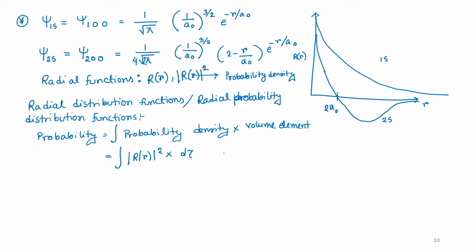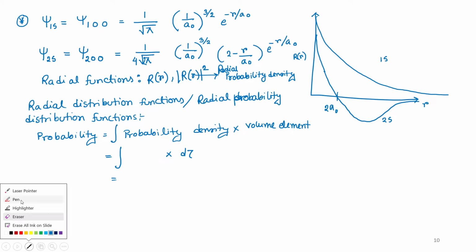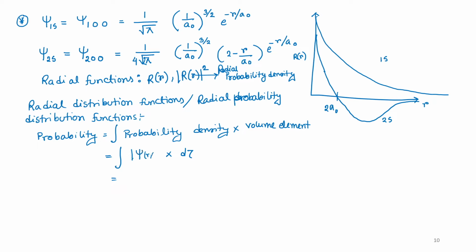Here also your d tau is there, and this is your radial part. So maybe this is the radial probability density, you can say. And if I have to write it in terms of psi r theta phi, the square of this over all space, then here it will be something r.